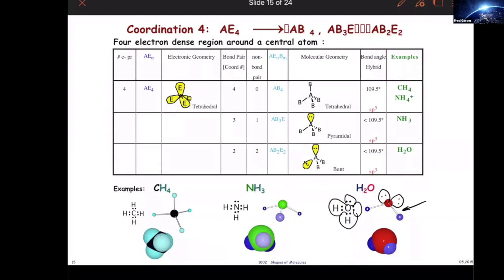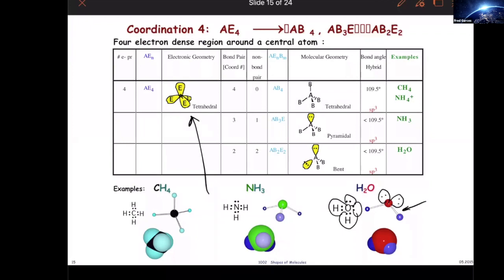And to be as far apart from the lone pair, it has to take on a bent shape. But this would be designated as bent tetrahedral because, again, the framework by which this thing comes from is tetrahedral. It's got 4 electron domains.